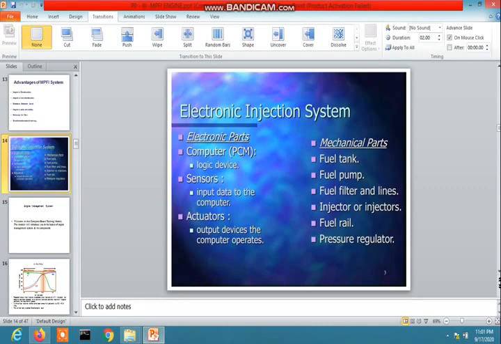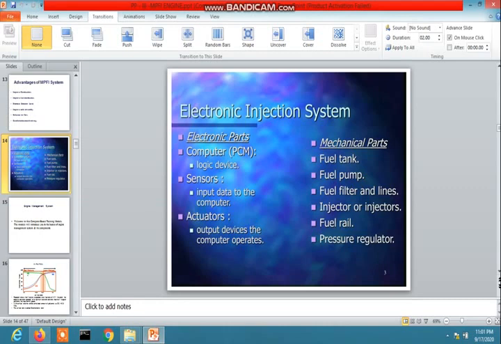Those systems are called electronic fuel injection systems. Some components are there in electronic injection systems. We basically divide them into two segments: one is the electronic part, second is the mechanical part.